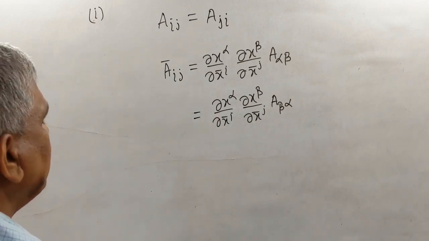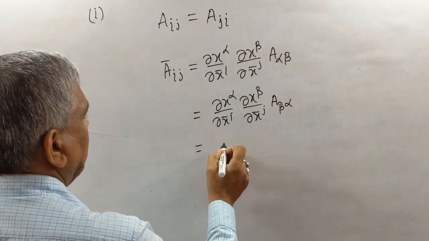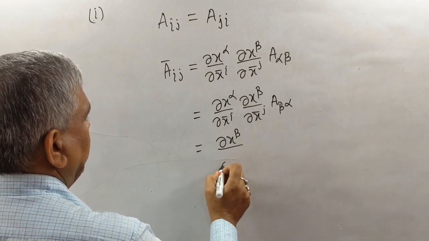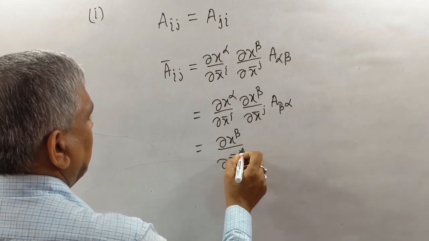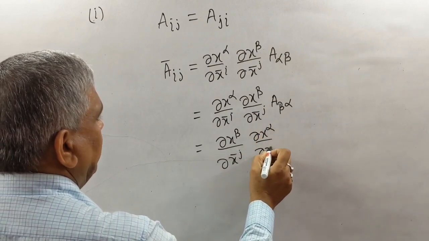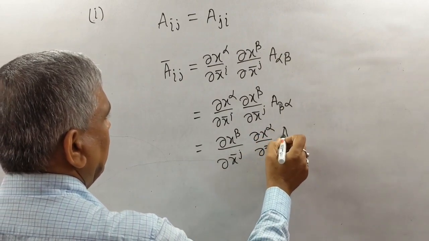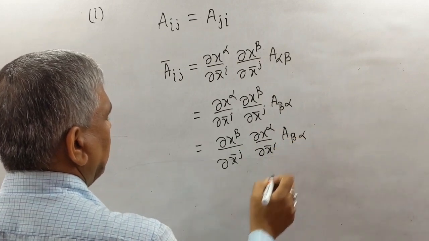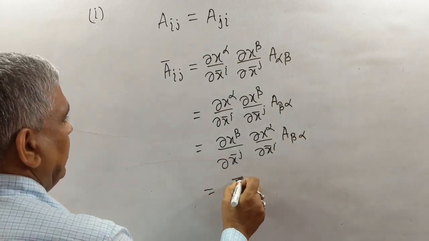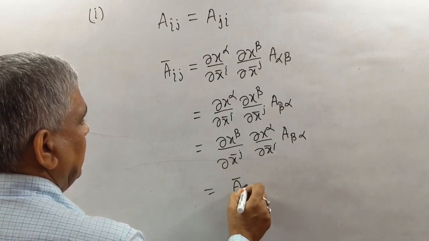By rearranging, we may get del x beta by del x bar j, del x alpha by del x bar i, A beta alpha. So this will be A bar ji.